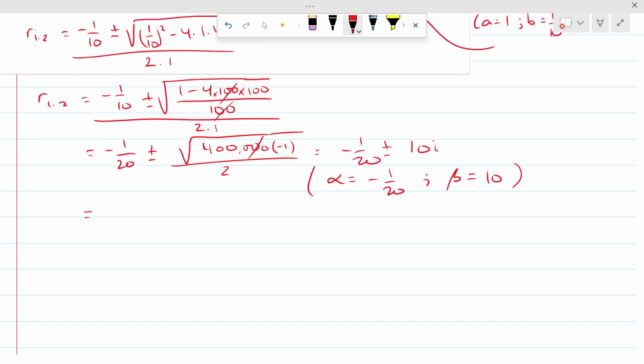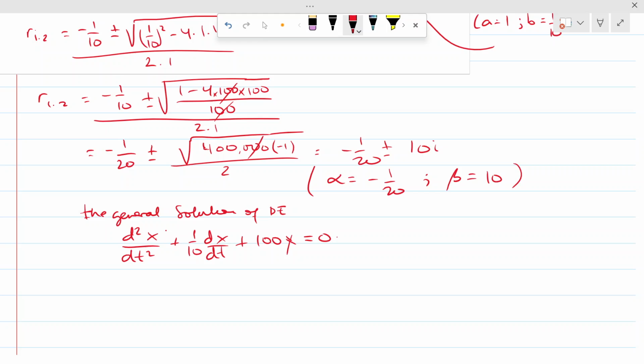So the general solution for our differential equation, d square x over dt square plus 1 over 10 dx/dt plus 100 x equals 0, will have x.